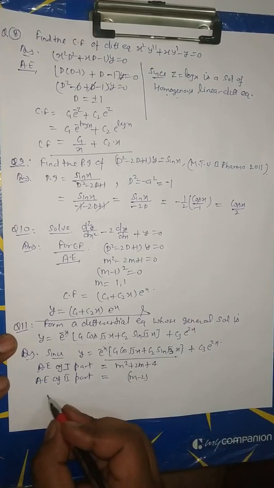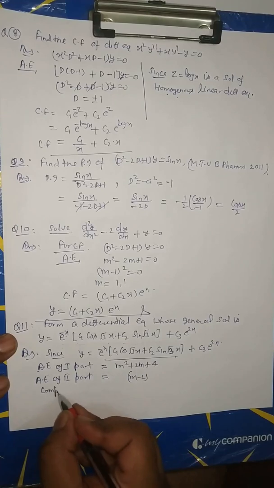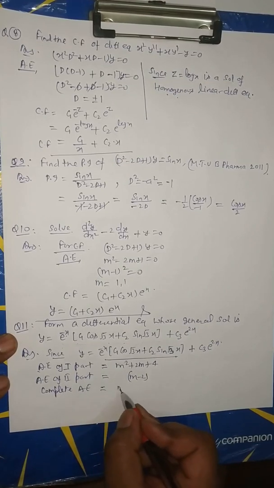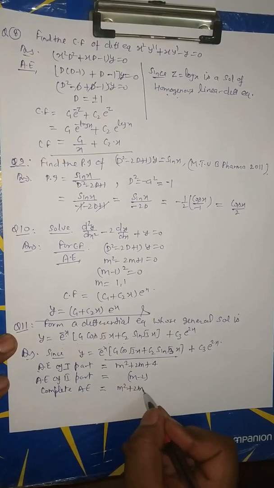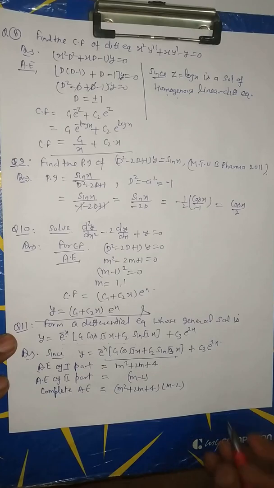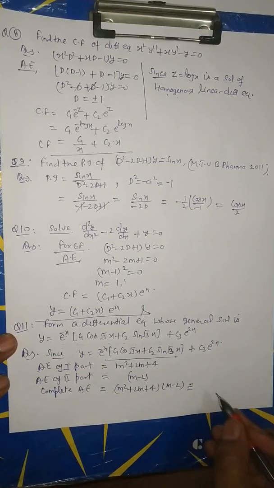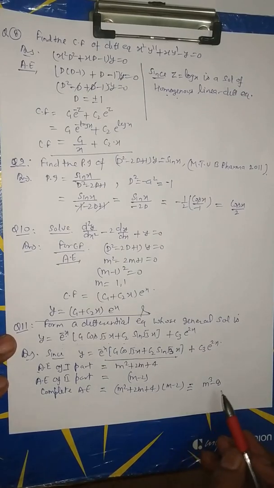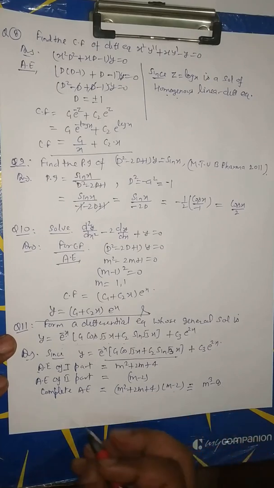Now the complete auxiliary equation is (m square plus 2m plus 4) into (m minus 2). This is equal to m cube minus 8.